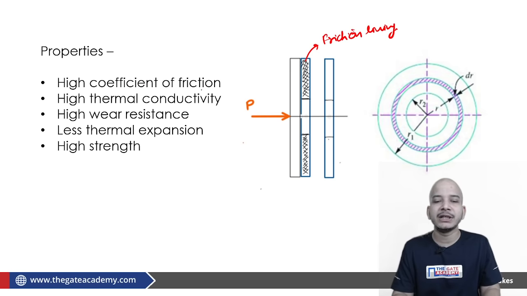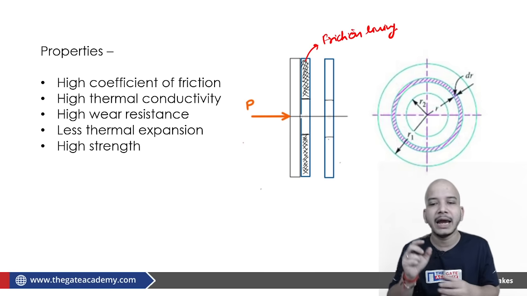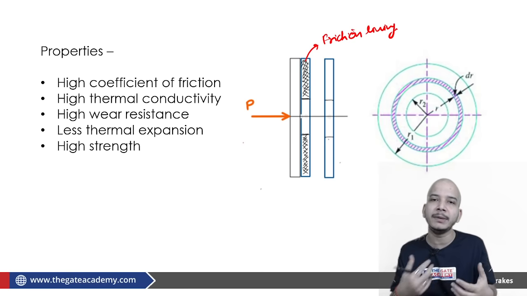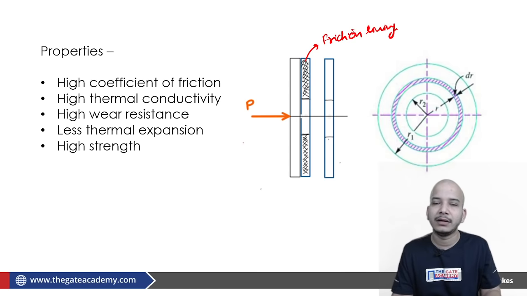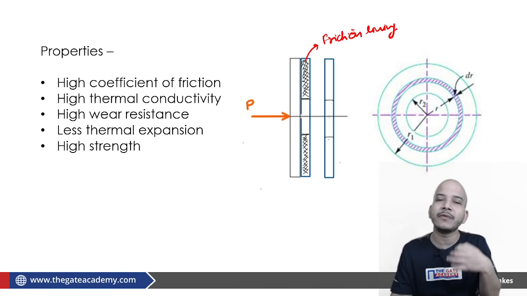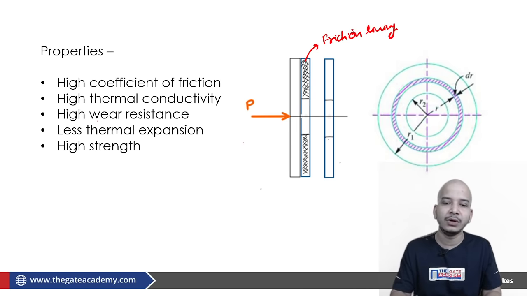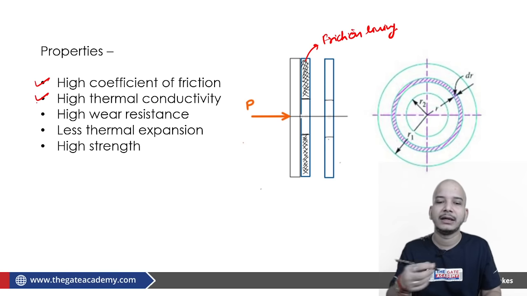High thermal conductivity is also required, because while engaging and disengaging, whenever there is relative slip, the friction will be doing work, and whenever friction does work, heat will be generated. If there is not enough thermal conductivity, then the temperature will increase, and the possibility of damage will also increase. Fine. So high thermal conductivity is required so that the temperature will not rise too much.